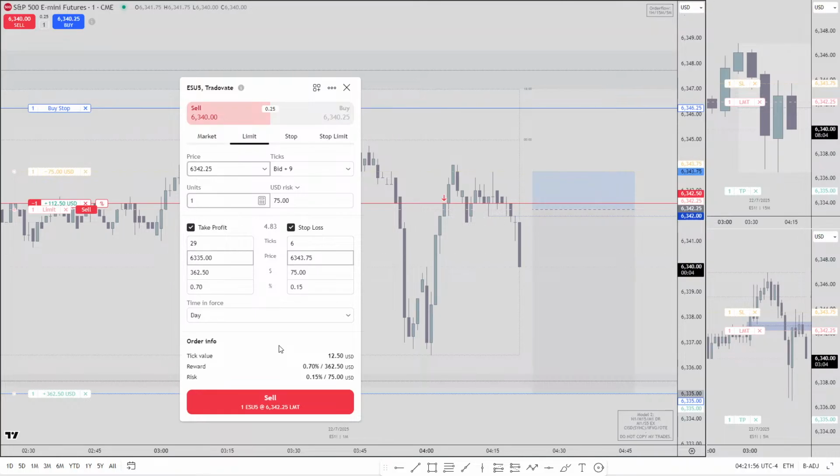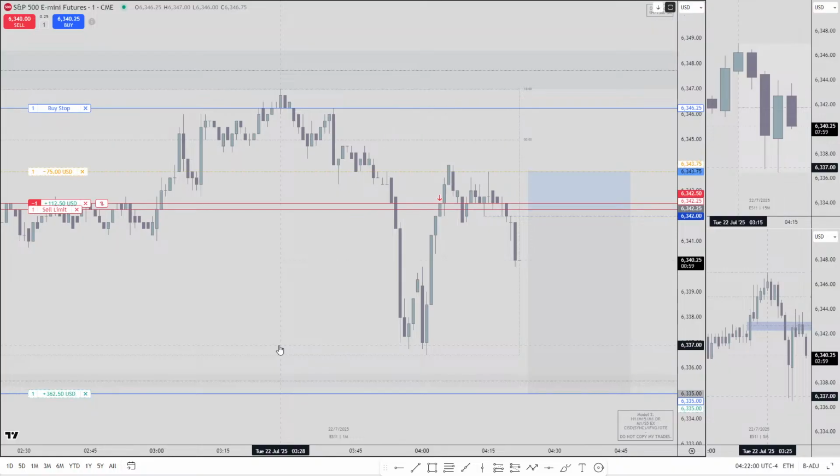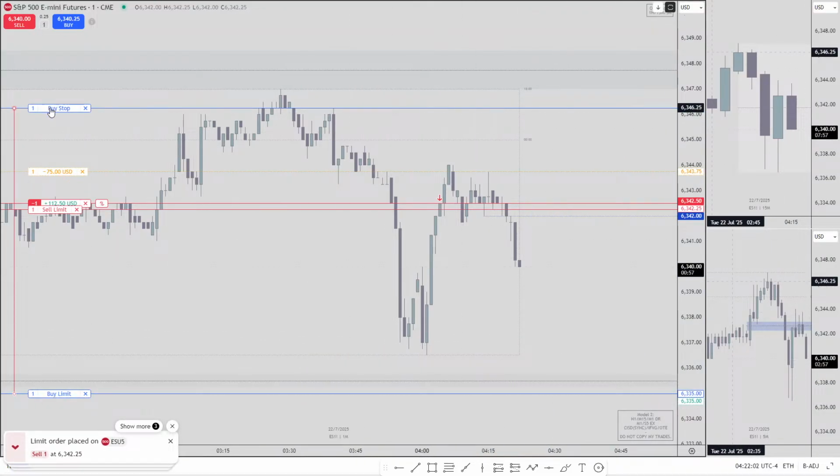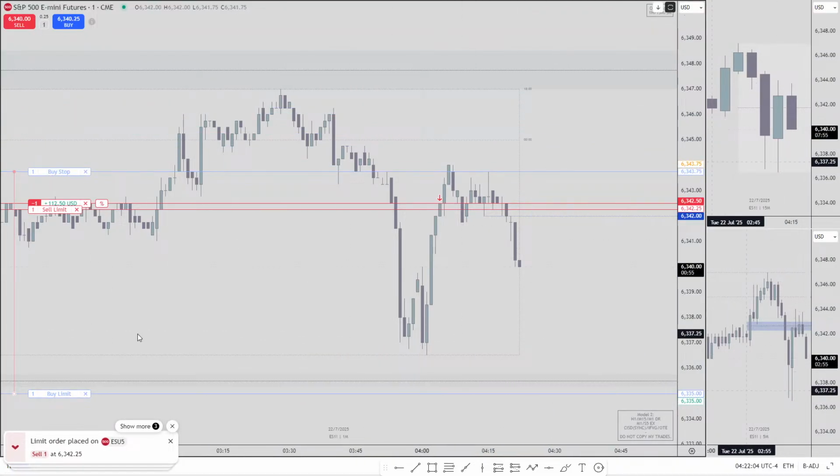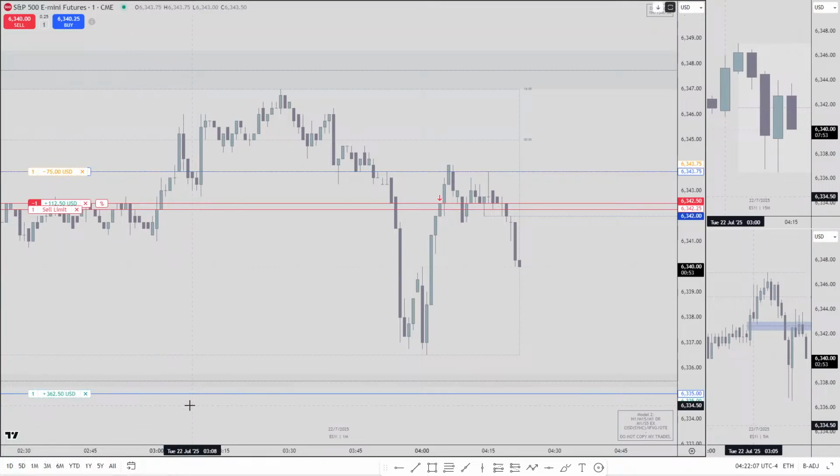Oh, I think it's just gonna run for it. Might not even retrace. Okay. Gonna put the orders in. I'm gonna shift this buy stop down. Okay, now let's wait.